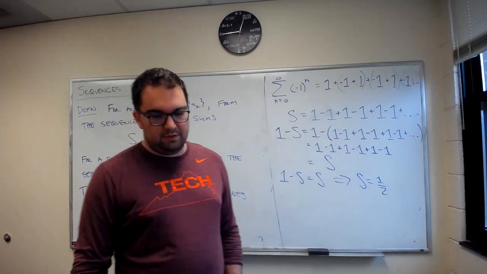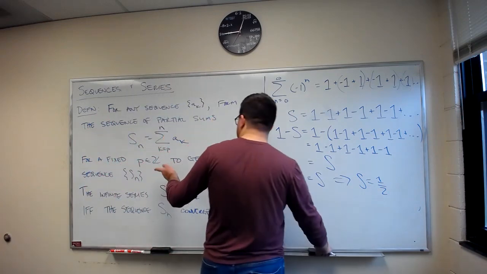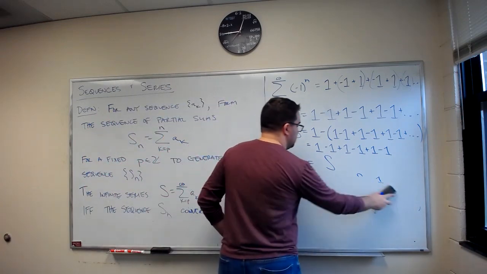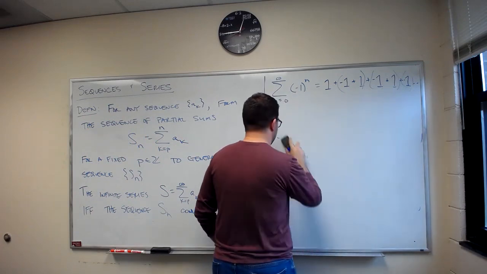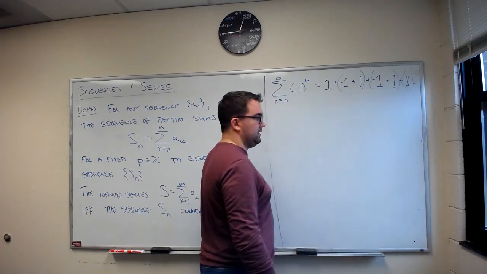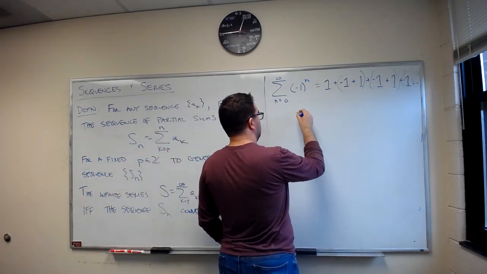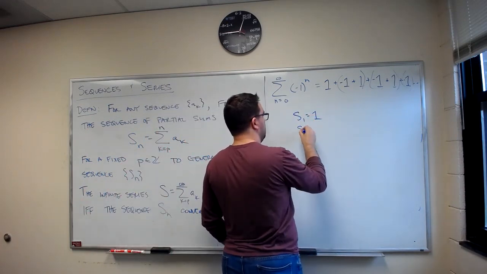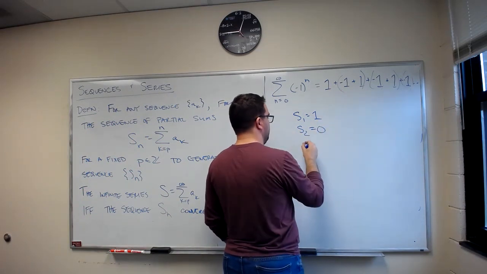Now, of course, all of these are wrong. The truth of the matter is that this is a really good way to get back to the definition. Let's look at the sequence of partial sums here. The first partial sum is just the sum of the first thing, so S1 is 1. S2, capital S2, is the sum of the first two things, that's 0.